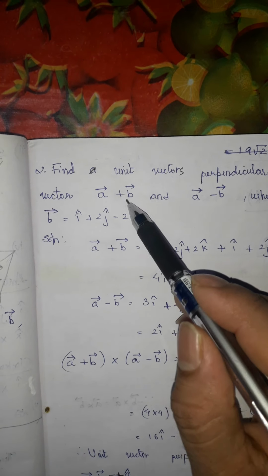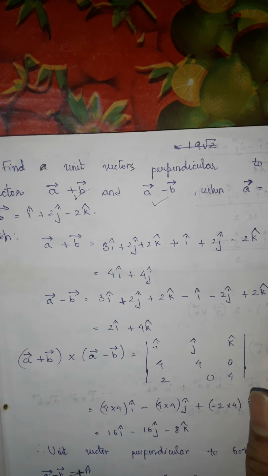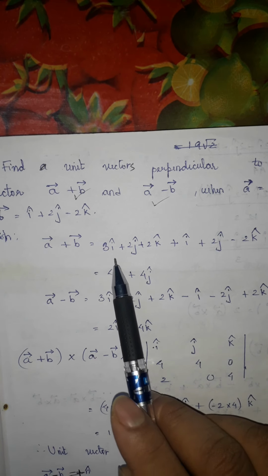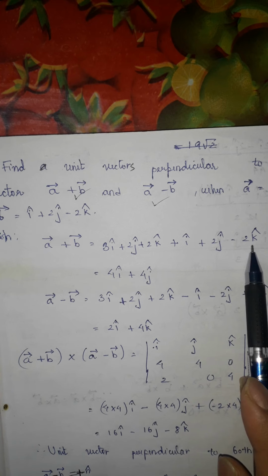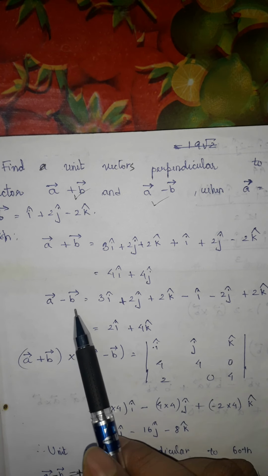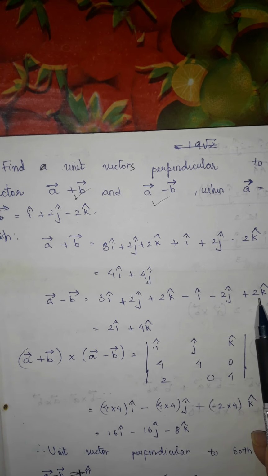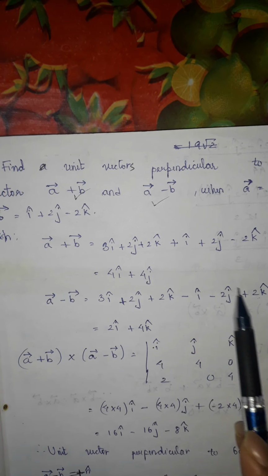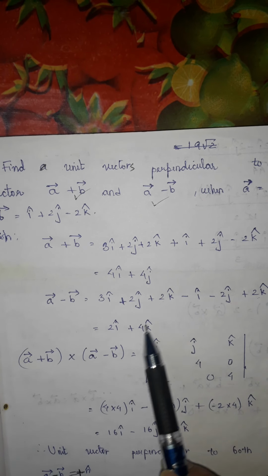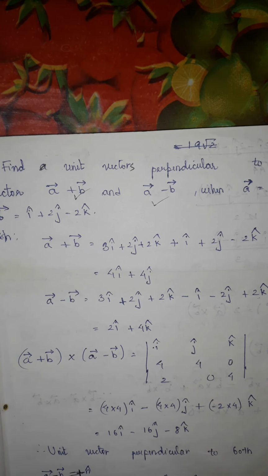So first you find the a plus b and a minus b vectors. a plus b is the sum of the two vectors: 3i plus i is 4i, 2j plus 2j is 4j, 2k minus 2k is 0k. And a minus b: 3i minus i is 2i, 2j cancel, 2k plus 2k is 4k.